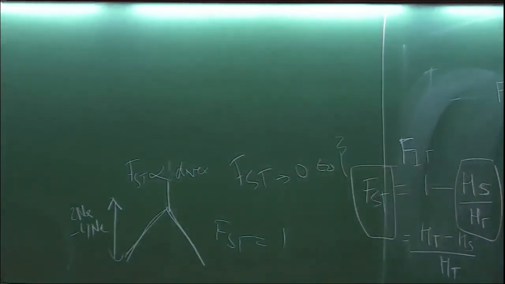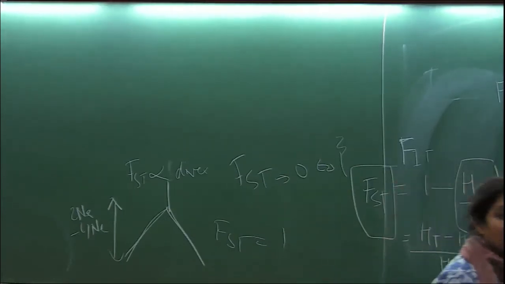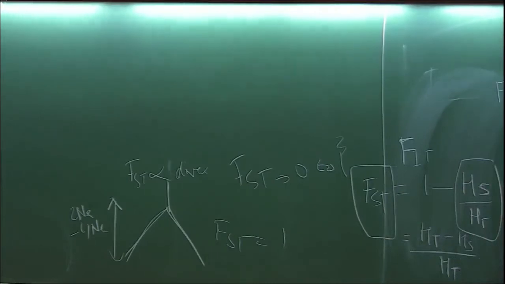So that's how long it takes for the two populations to become completely different. FST equal to 1 means they're completely different. Yeah, it's very small. So it takes a lot to get FST high.